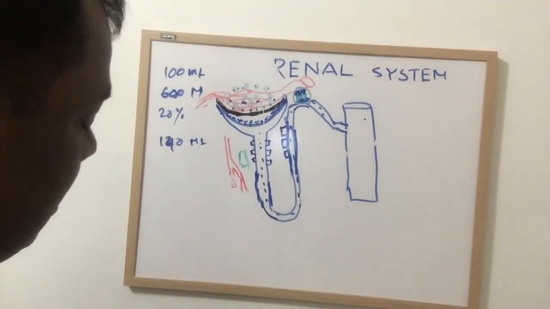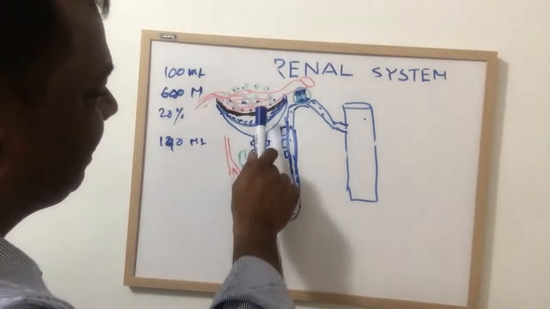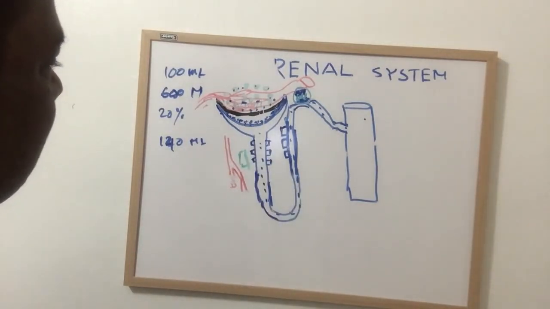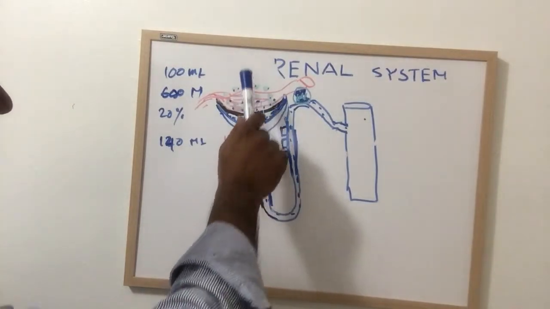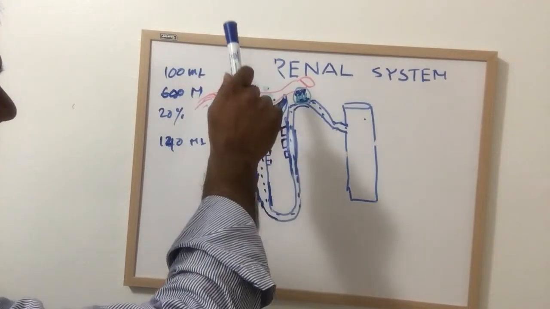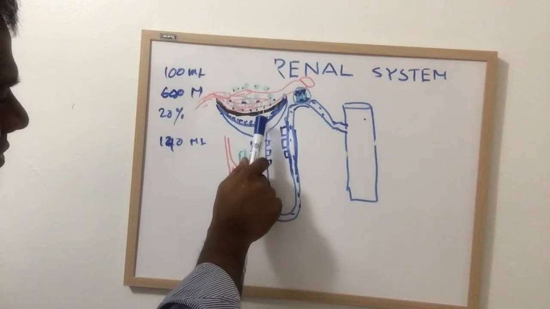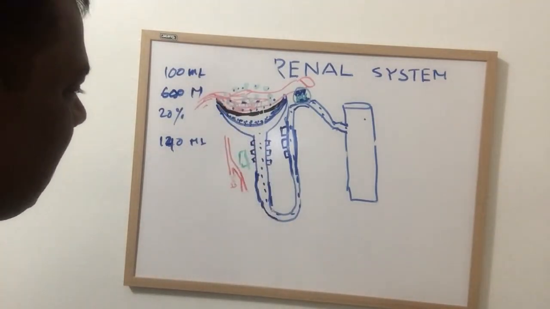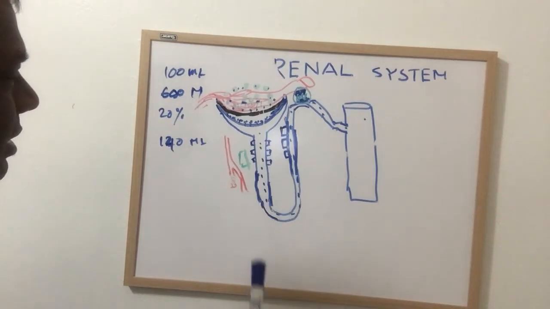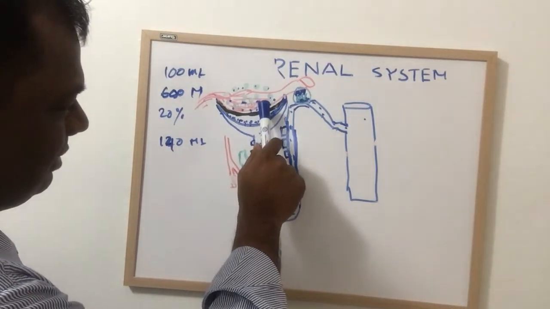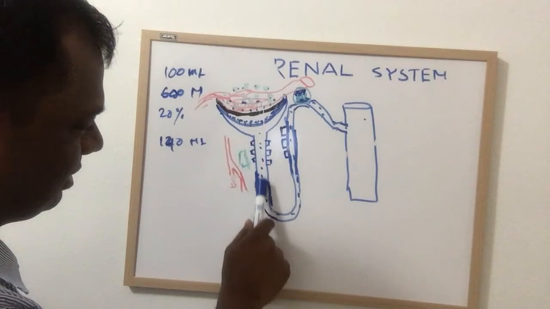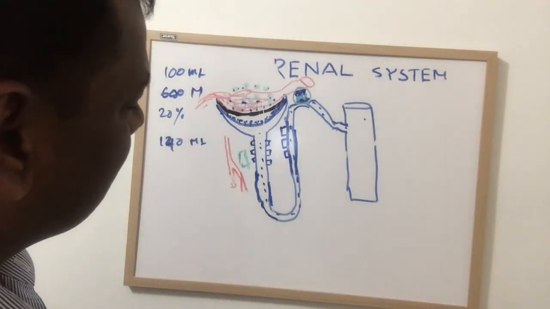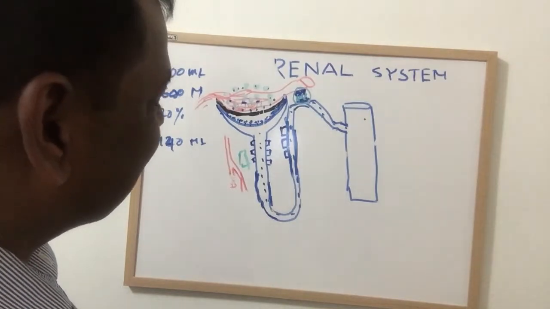This mechanism is kind of funny. You see, those useful products get repelled back to the blood, and waste products get excreted in the urine.